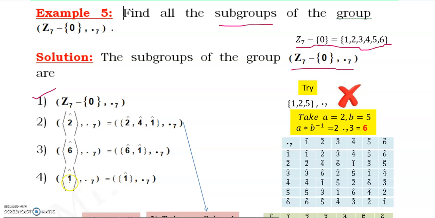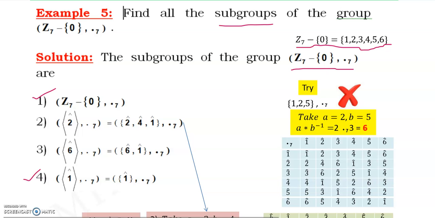The identity element alone with the multiplication modulo is also a subgroup. First you write the entire set with the multiplication modulo 7 and the element 1 with the multiplication modulo 7. Both are subsets and both are subgroups also.